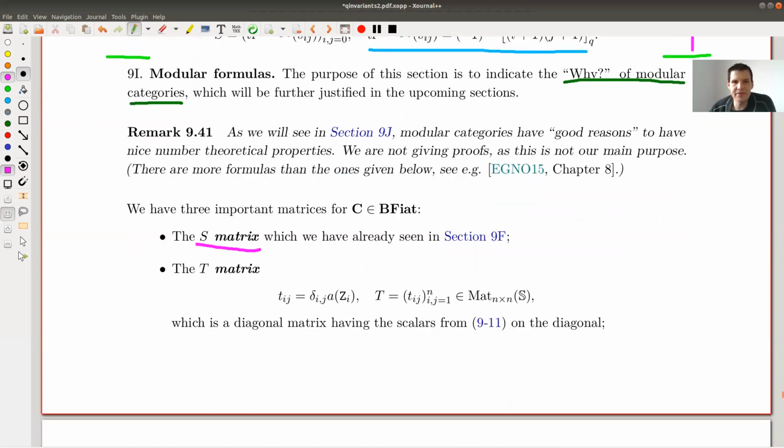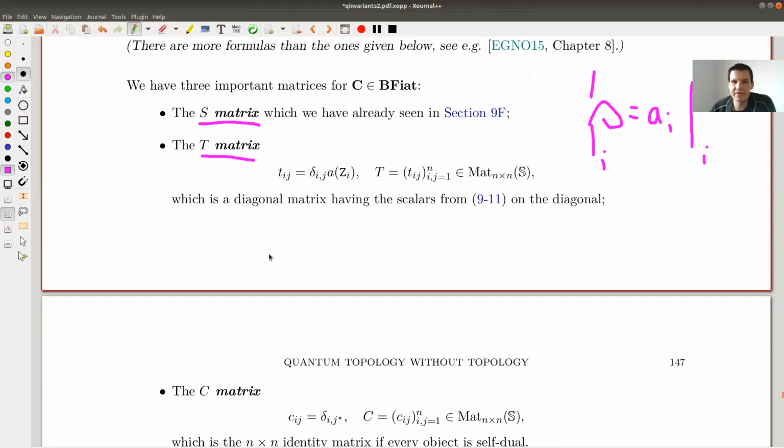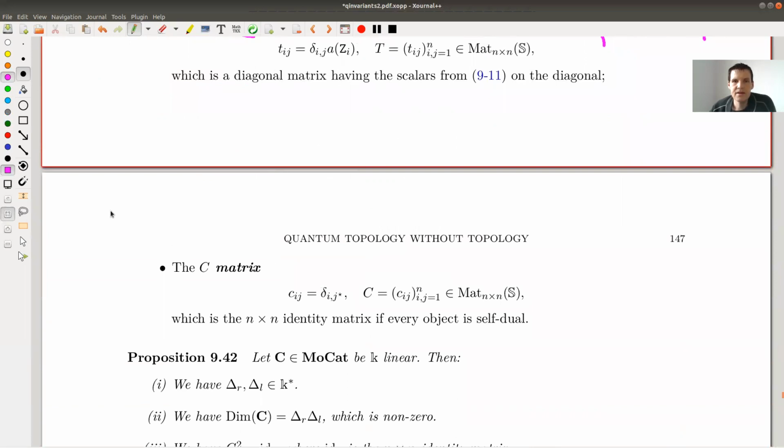So we have the S matrix. And you have a T matrix, and the T matrix is easy. It's just collecting those scalars. So a diagonal matrix collecting those scalars. Those are Reidemeister 1 scalars. The S and the T matrix. And you also have the C matrix.